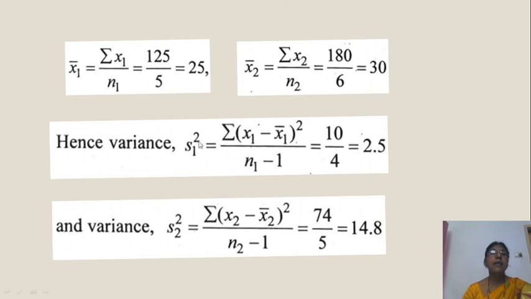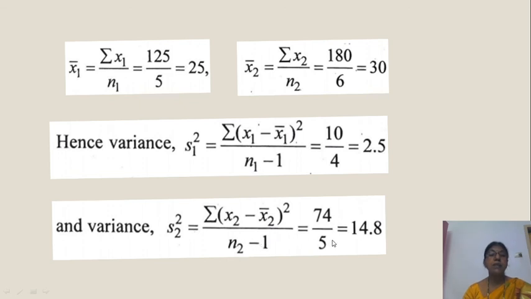Now the variance for the first sample is s1 square, sigma (x1 minus x1 bar) whole square by n1 minus 1. This is the variance of the first group, which is 2.5. And the variance s2 square is sigma (x2 minus x2 bar) whole square by n2 minus 1.